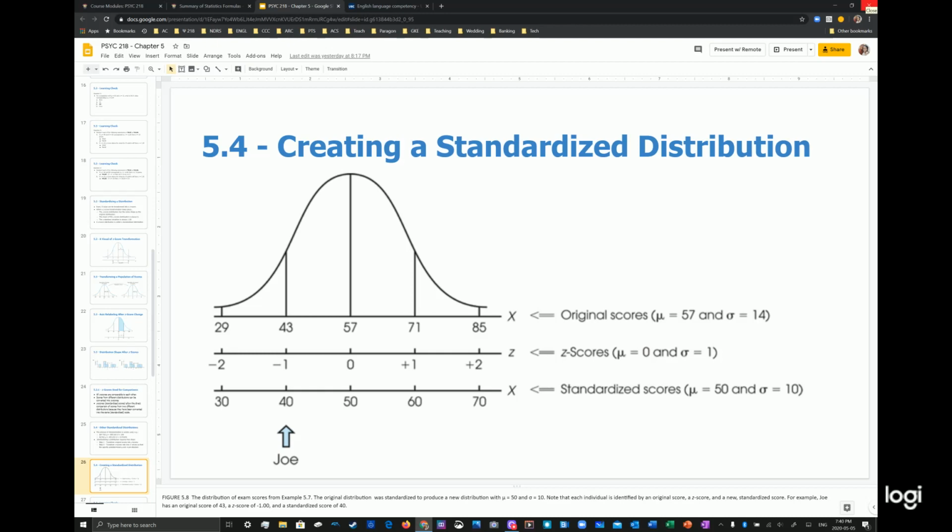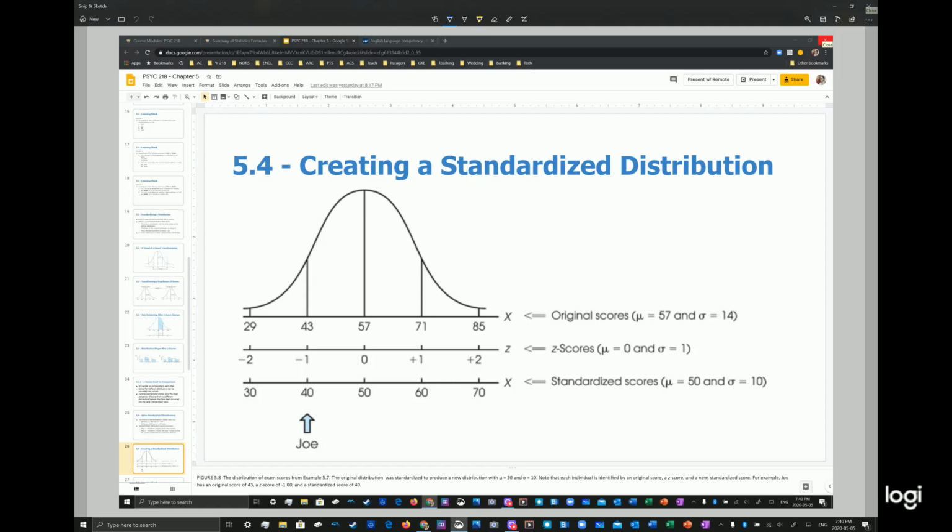So this is how the process works in pictures. If the words don't seem clear to you, this picture should clarify it for us. Here you see the original test. The mean is some value, 57. And again, we can measure the standard deviations here. One standard deviation is 14. To transform these scores into a standardized score, the first thing we need to do is change all these into z-scores.